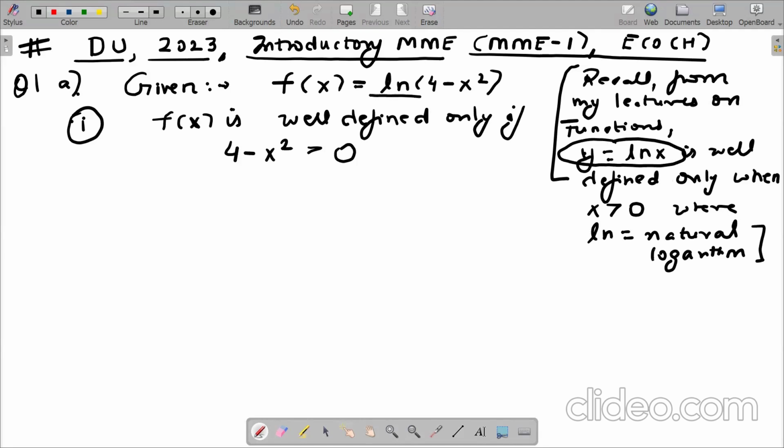So ln of 4 minus x square will be well defined only when 4 minus x square is strictly greater than 0. This implies x square is less than 4.